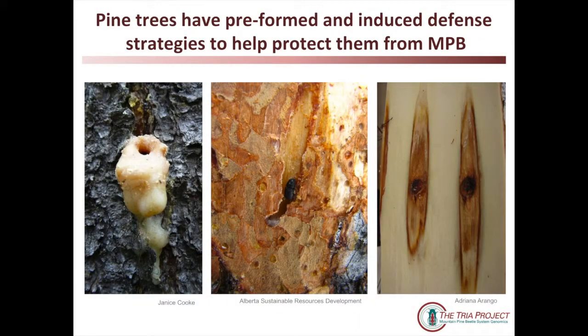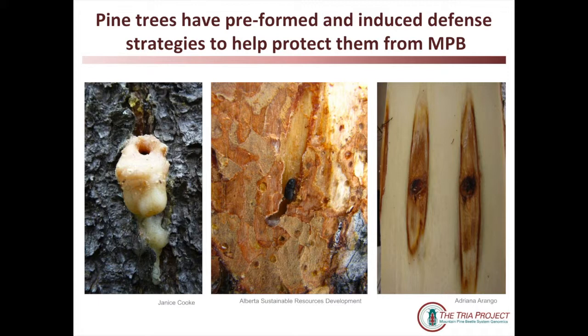So pine trees have both constitutive, so preformed defenses, and induced defense responses to protect them from all sorts of invasion, including from mountain pine beetle. So this is the classic response to mountain pine beetle invasion by a pine, this copious production of resin or pitch, the classic term of being pitched out.